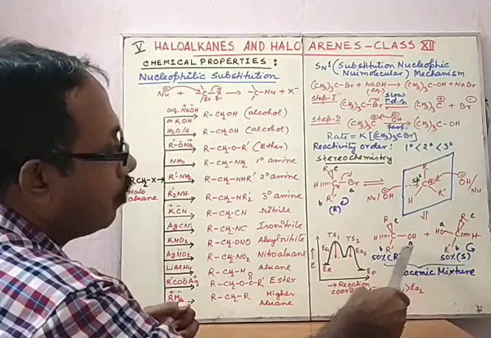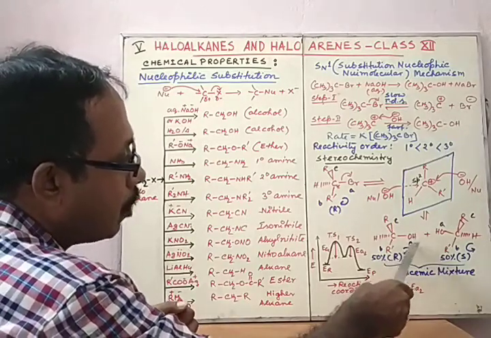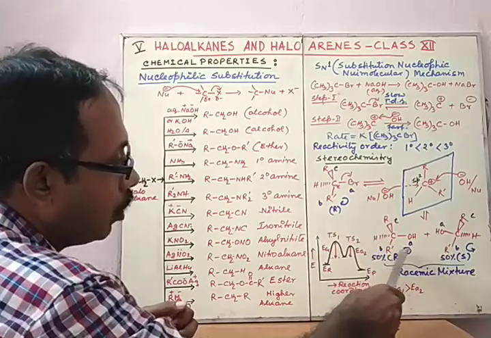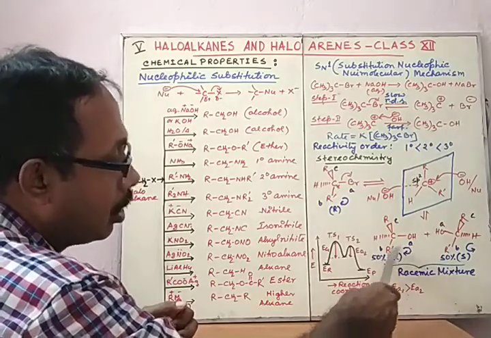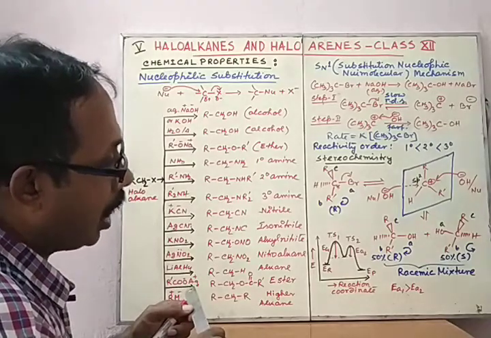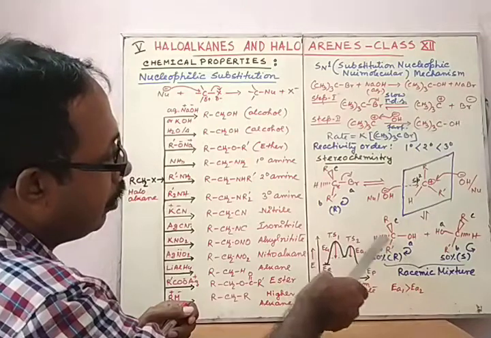In one, we can follow that the highest priority group A, then B, then C, we can move in a clockwise direction. So it has R nomenclature, it has R structure. It is the same as the reactant.